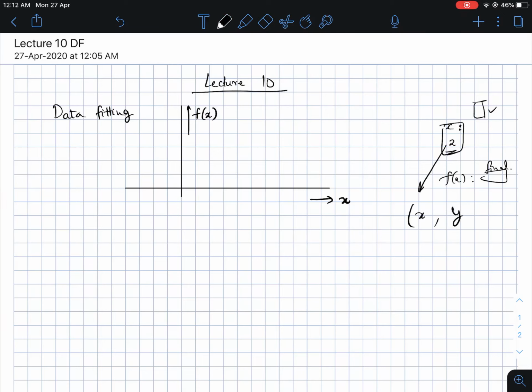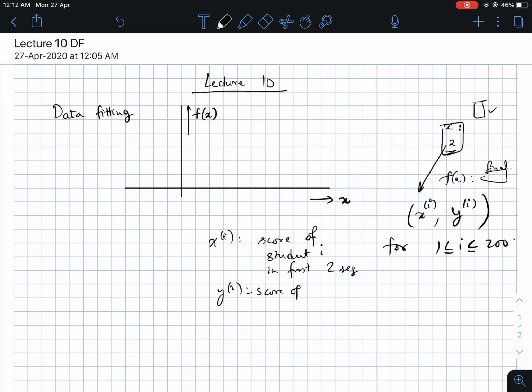So you have xi, yi, for 1 less than or equal to i less than or equal to 200. It gives you 200 points, where xi is the score of student i in the first two segments, and yi is the score of student i in the last segment.